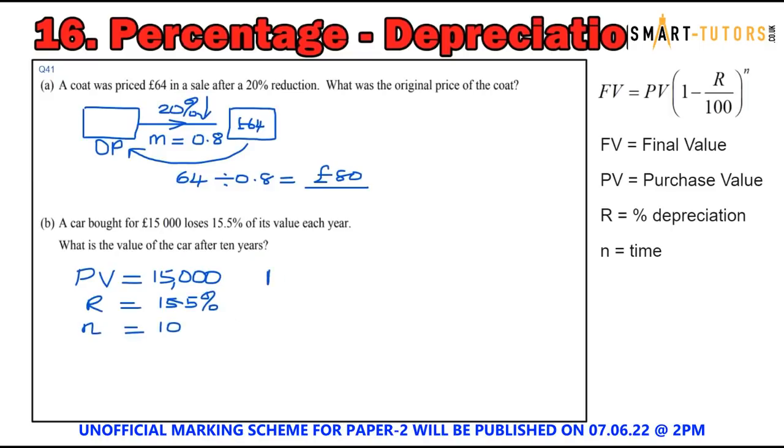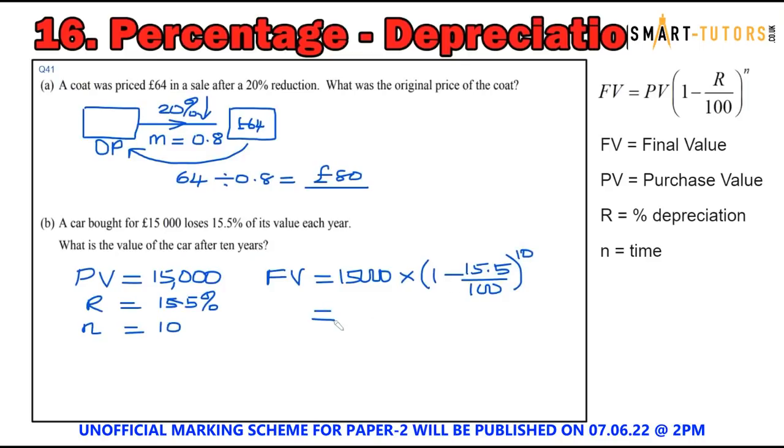So final value FV equal 15,000 times by 1 minus 15.5 over 100 to the power 10.